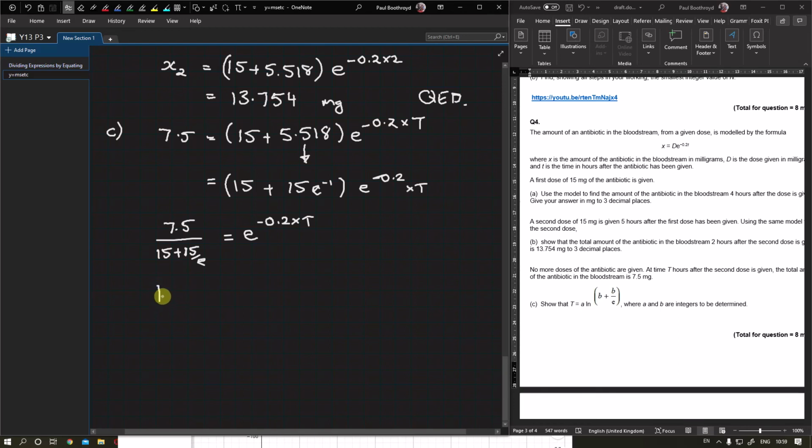So ln of 7.5 divided by 15 plus 15 over e is equal to minus 0.2 times t. Divide through by 0.2.